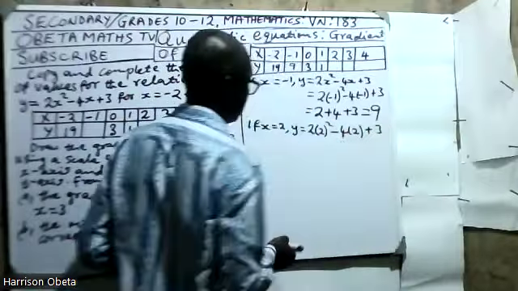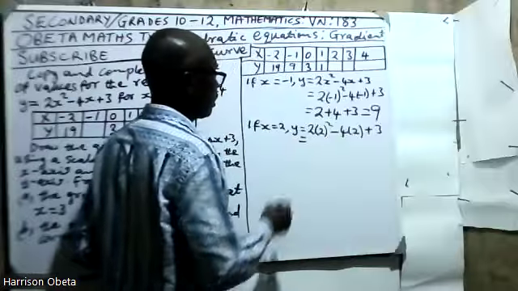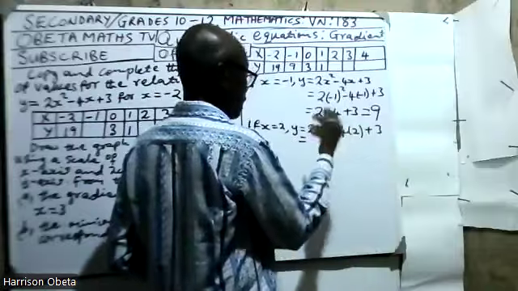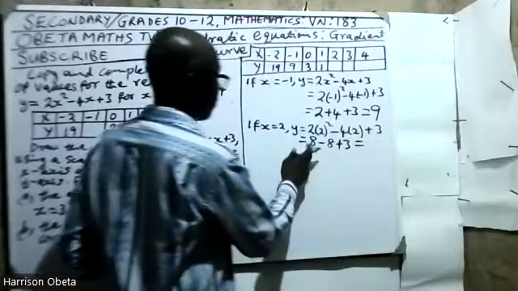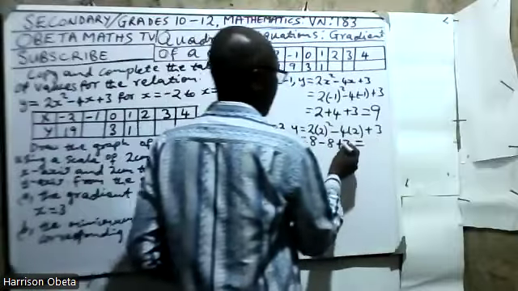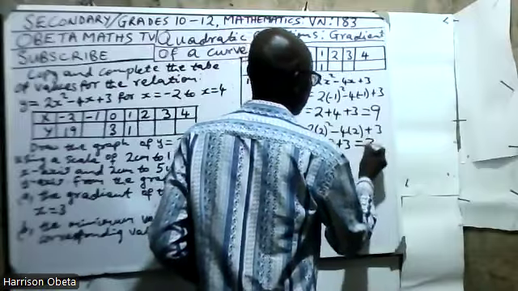And that will give us 2 times 4, which is 8. This will be minus 8, because minus 4 times plus 2 is minus 8, plus 3. So 8 minus 8 is 0, and then this will give us 3. So we put 3 here.